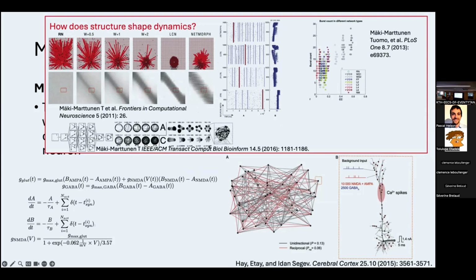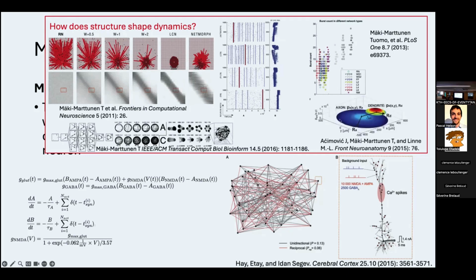And later on, I also introduced a model for creating directed graphs that promote or hinder any of these 16 three-node motifs that can emerge in these networks.